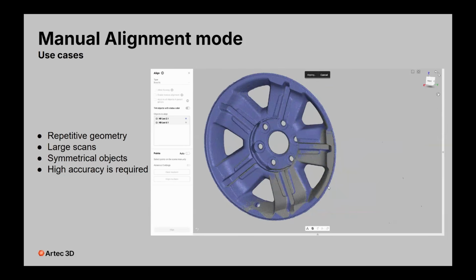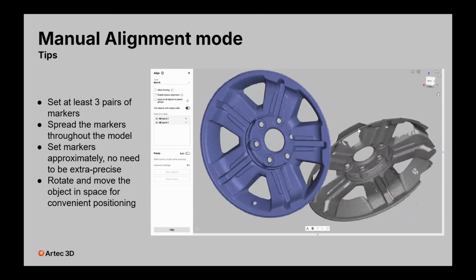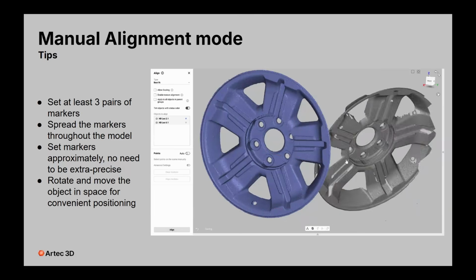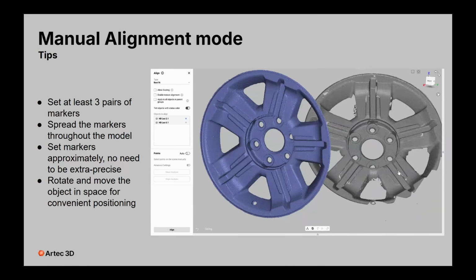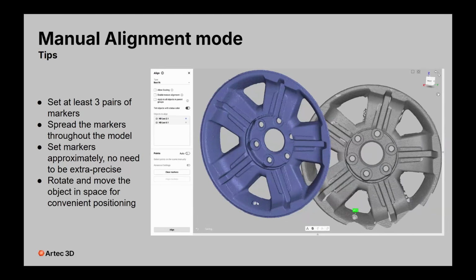So that is why we need to help the software by setting those reference marker pairs. And then let's talk about how this mode works actually. So you need to set at least 3 pairs of markers between your two objects.